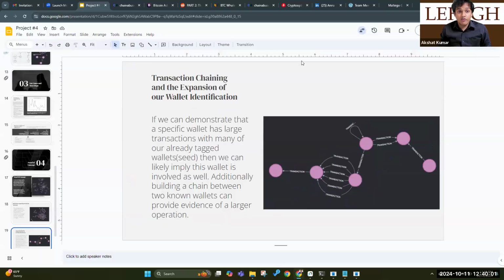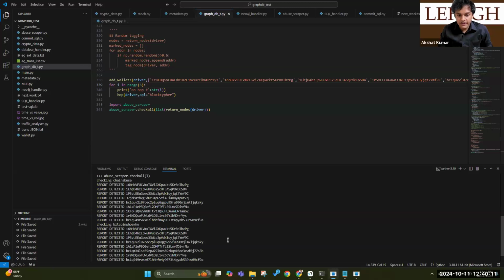So now we're going to switch over to some results, and essentially we're going to make this a little bit more real world, right? Here we can see an example of me running this scraper that runs over these sites, Chainabuse and Bitcoin Who's Who.